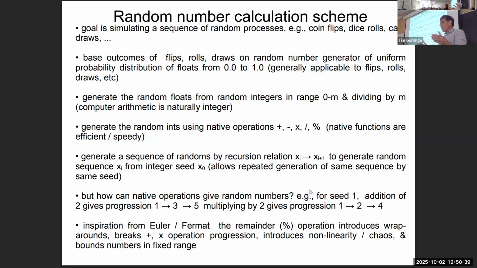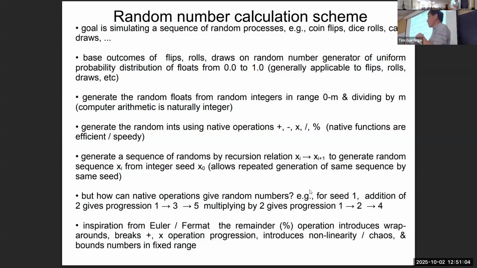The reason for that is that integers and integer arithmetic, adding integers, multiplying integers, is native to a binary computer. Floating point numbers are not so native to the computer. They're built on top of native computer operations.